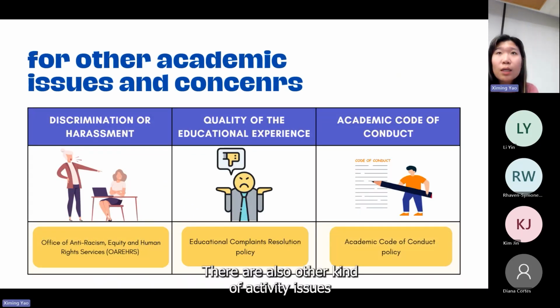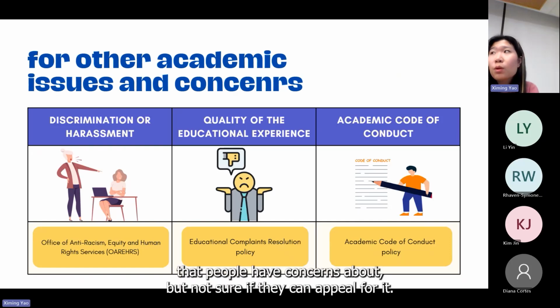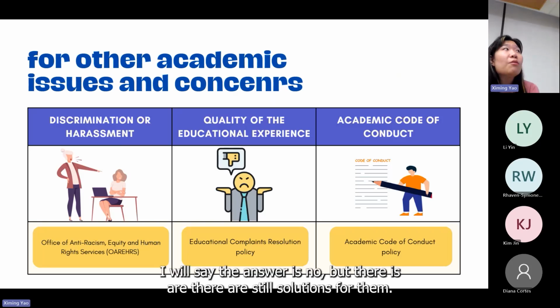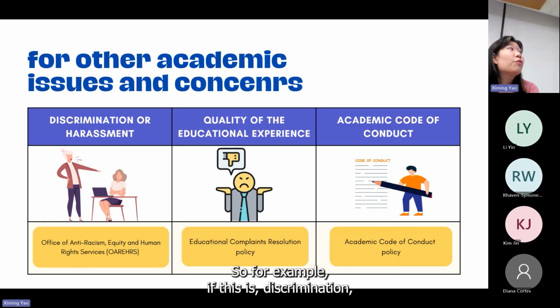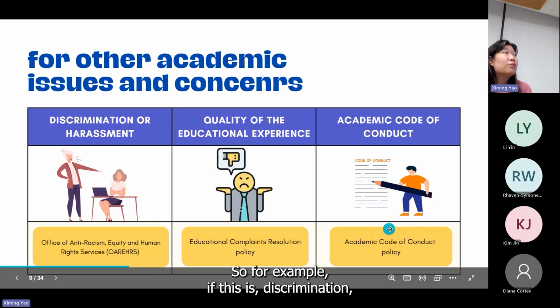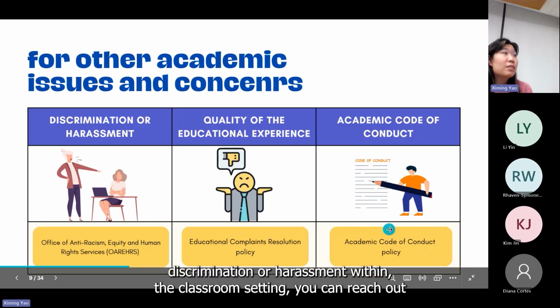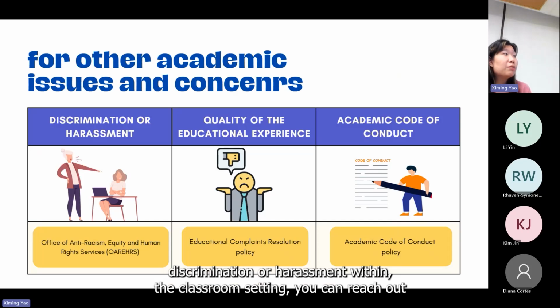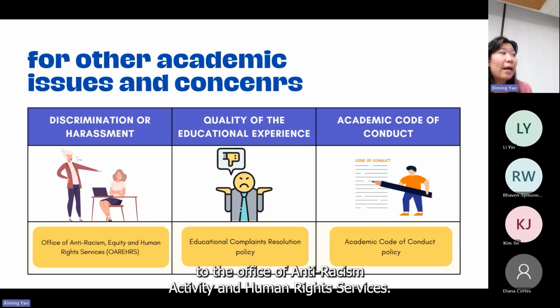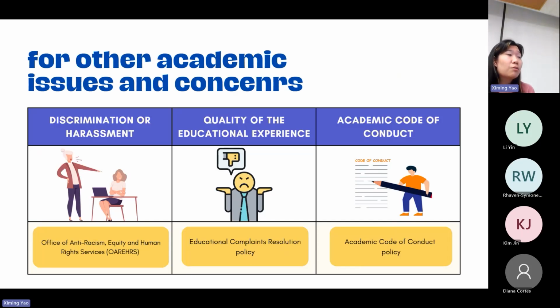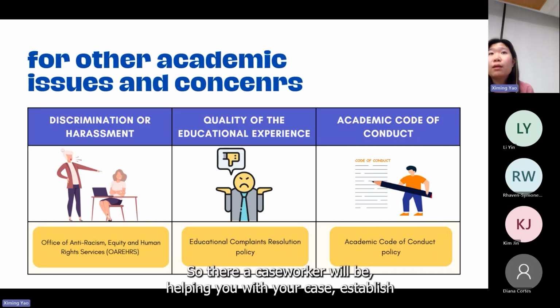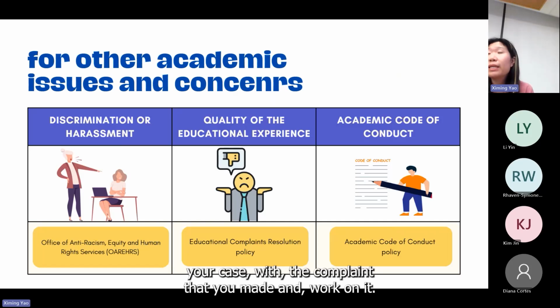There are also other kinds of academic issues that people have concerns about but are not sure if they can appeal. I would say the answer is no, but there are still solutions for them. For example, if it is discrimination or harassment within the classroom setting, you can reach out to the Office of Anti-Racism, Advocacy, and Human Rights Services. There, a case worker will help you, establish a case with the complaint that you made, and work on it.